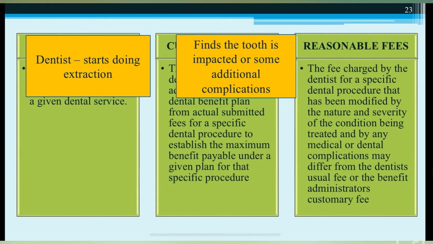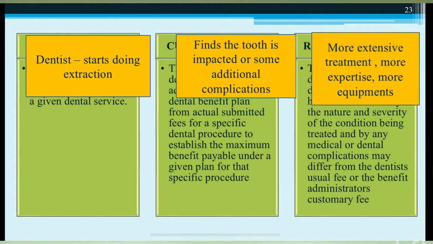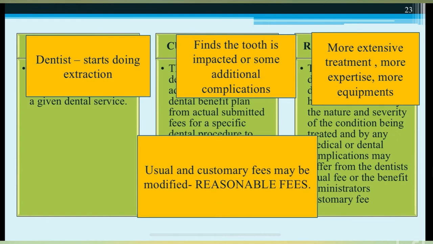So some additional procedures will be required, like more extensive treatment, more expertise, and more equipment. So the dentist can charge the patient for whatever additional treatment or additional equipment he has used.